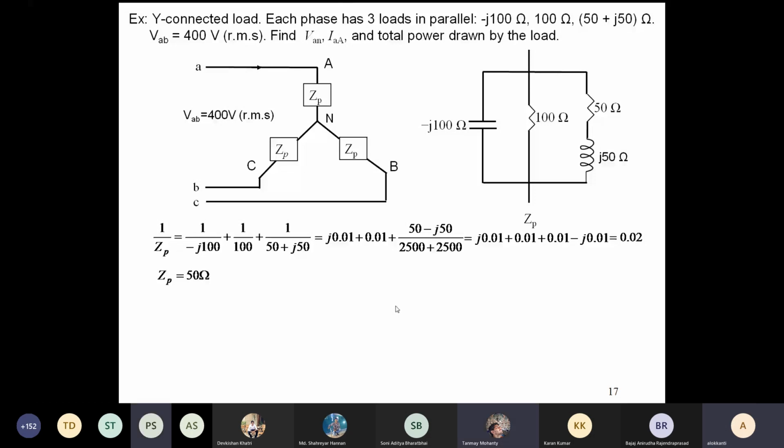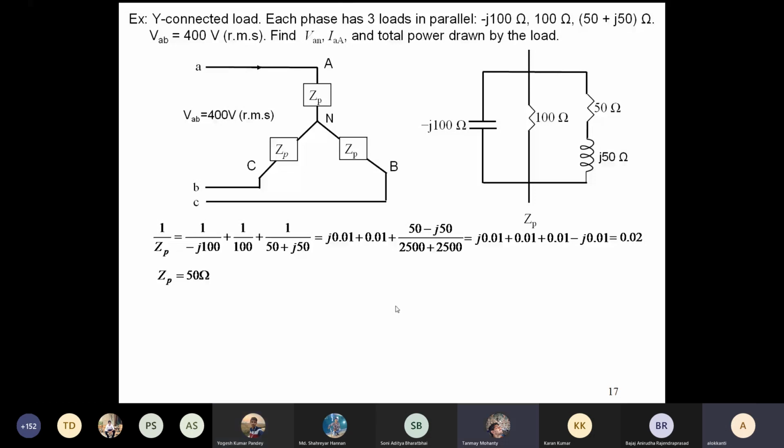They will be in phase, sir, because a resistive circuit is present. No, there will be a phase difference.